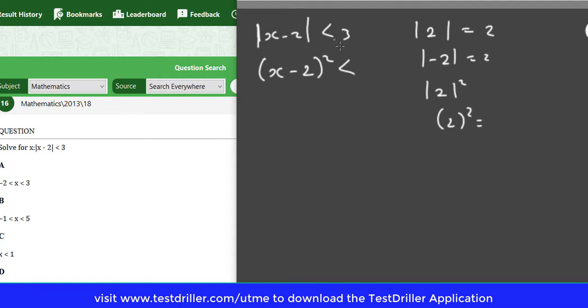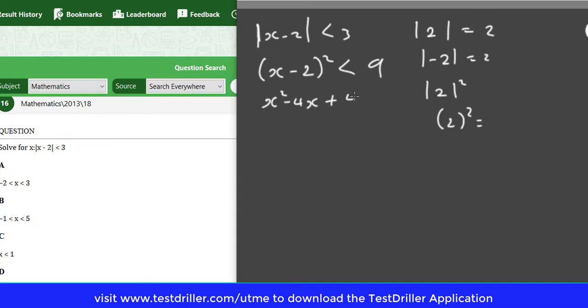Okay, so let's simplify this further. This makes x squared minus 4x plus 4 less than 9. The next thing you want to do is to take this 9 to this side. That's x squared minus 4x plus 4 minus 9 less than 0. So let's simplify.